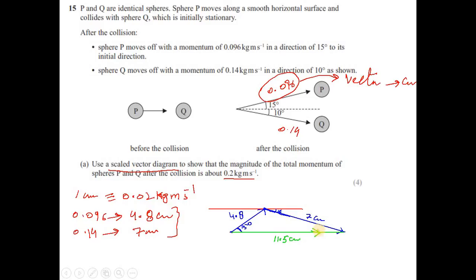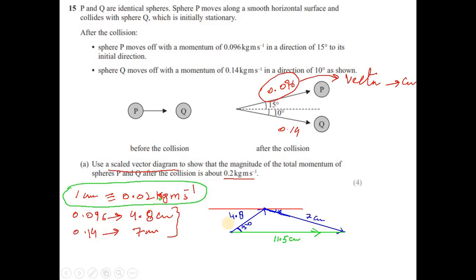I'm taking 11.5 centimeters, I guess it should be around 11.5. So this is the value of your resultant vector in centimeters, and then you can convert 11.5 centimeters into momentum as per your chosen scale.